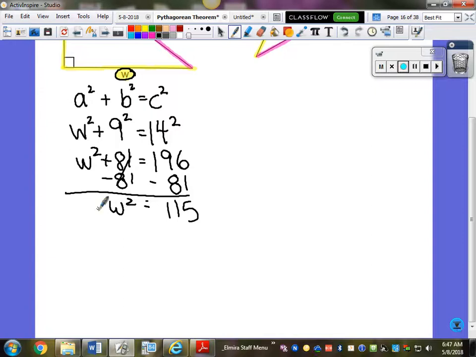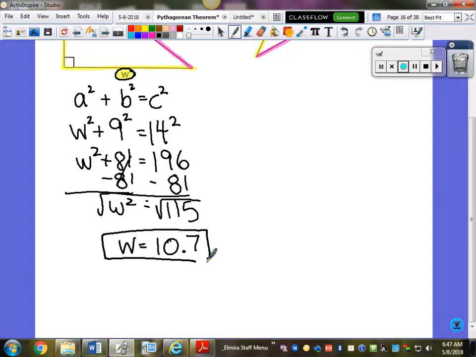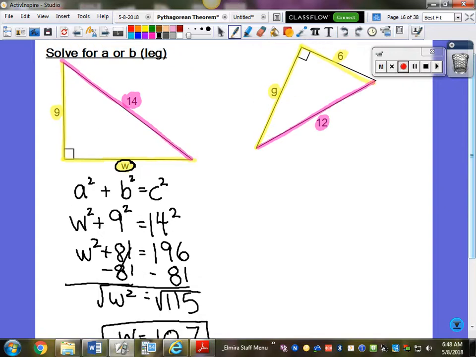Square root both sides. All right, I know it's 10 point something. Let's see, square root of 115. 10.7. So that means if we go back up to the diagram, W equals 10.7. And this makes sense.